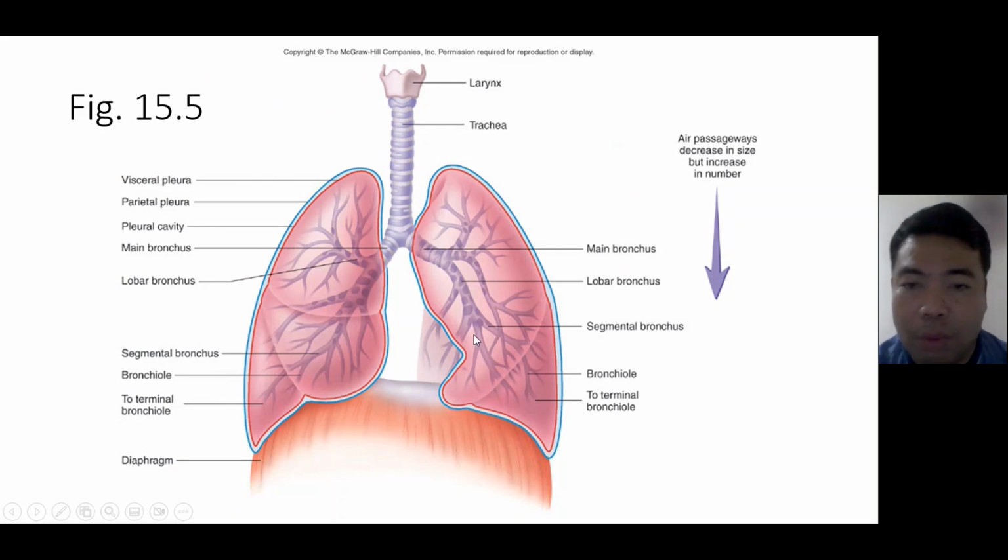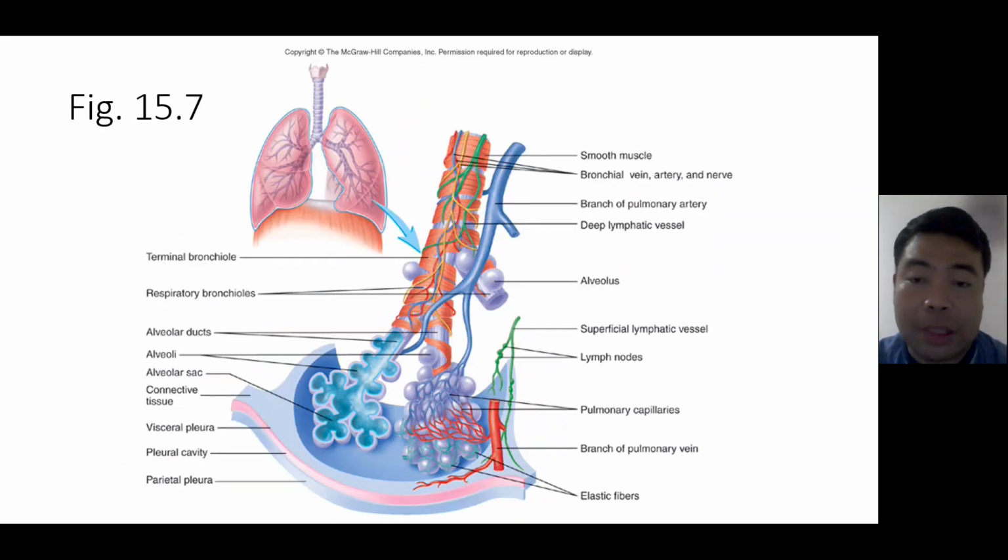And then you have your bronchioles, your terminal and respiratory bronchioles, until you reach the smallest unit, the most distal unit of the respiratory tract, which is your alveolus. Okay? So here we will start.